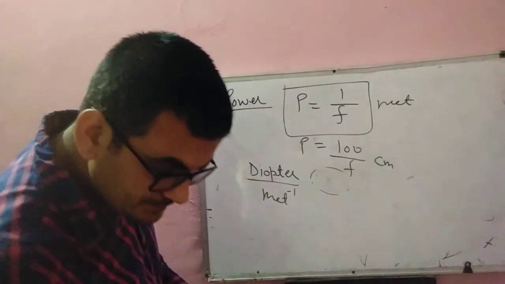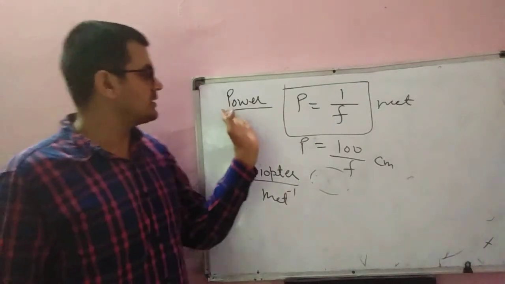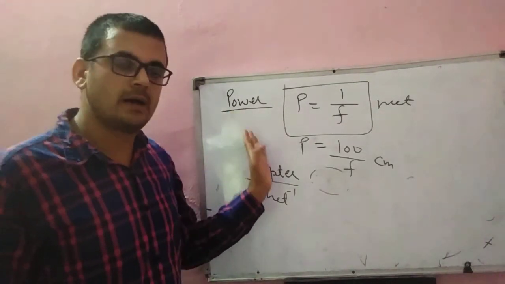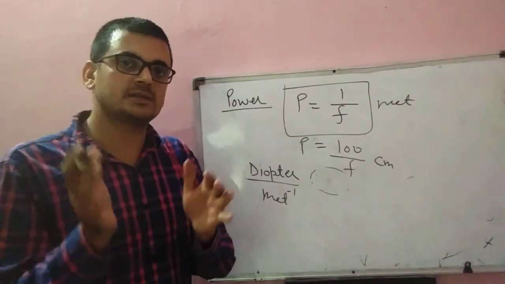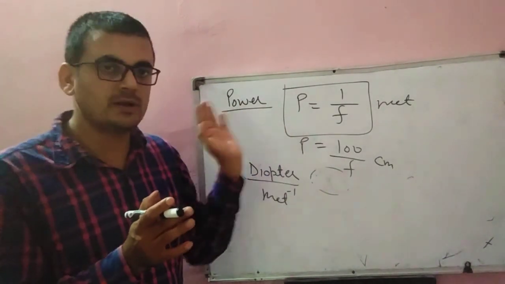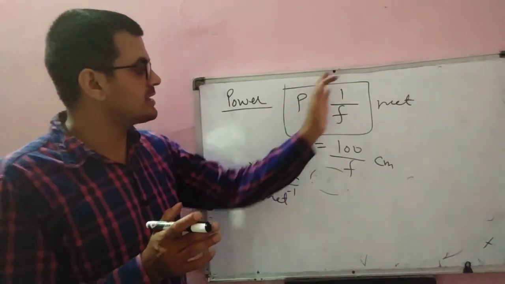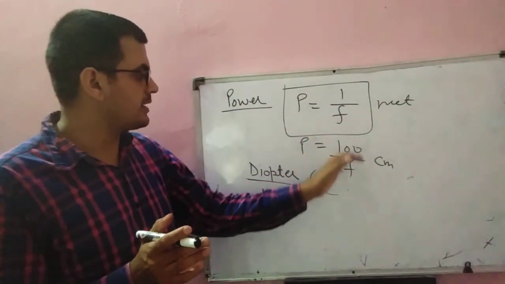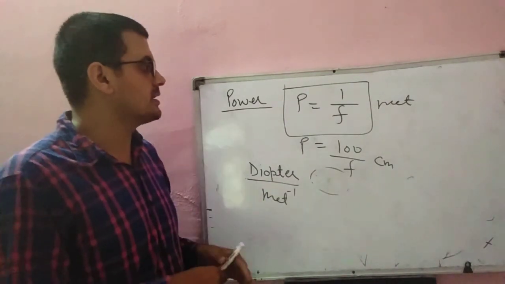Okay student, I think you got the definition of power. Power is the measure of diverging or converging the ray of light which are traveling towards the lens. And P equal to 1 upon f, the reciprocal of focal length. P equal to 100 upon f in centimeter, its unit is diopter or meter inverse.